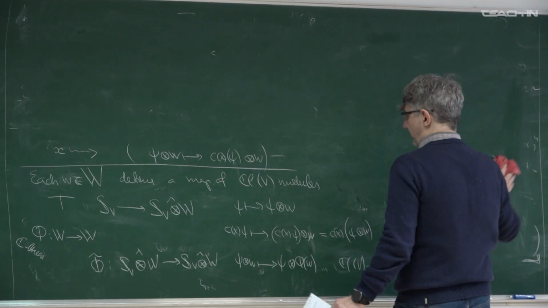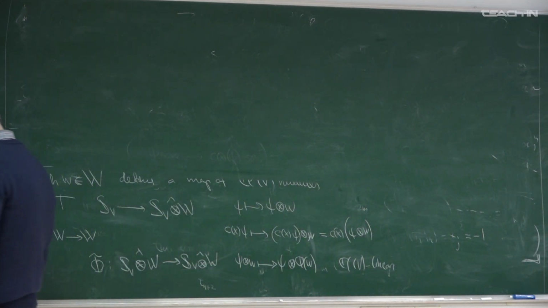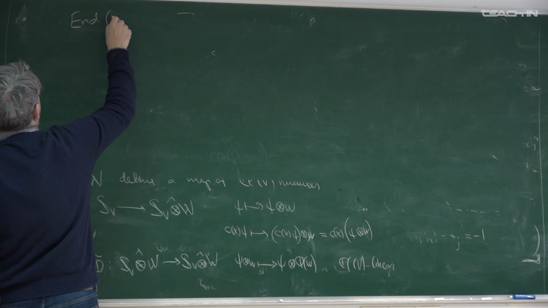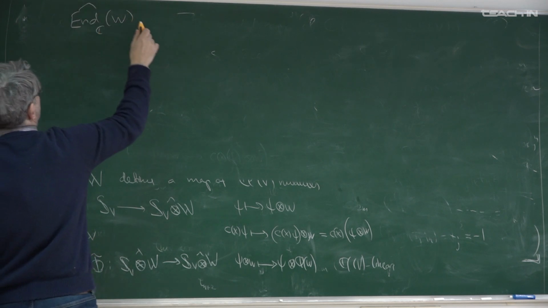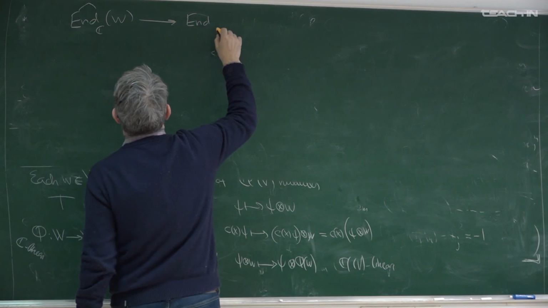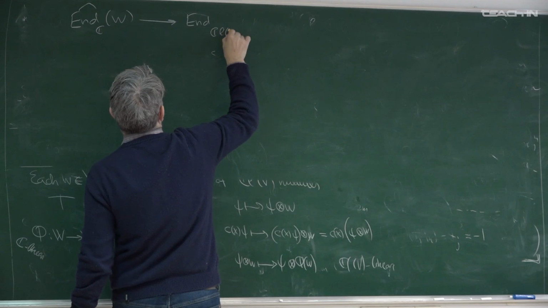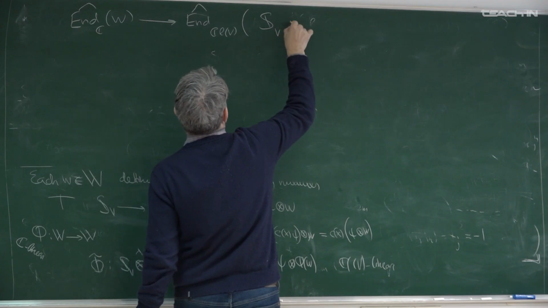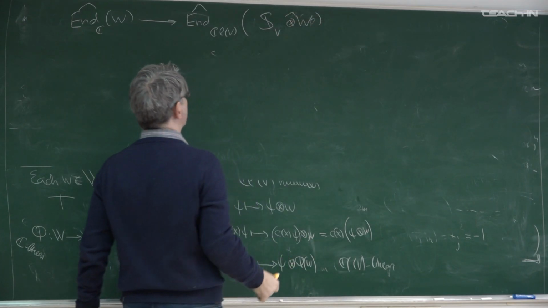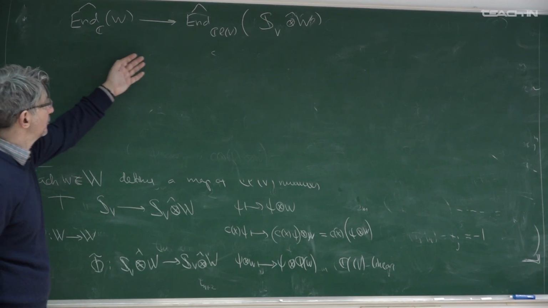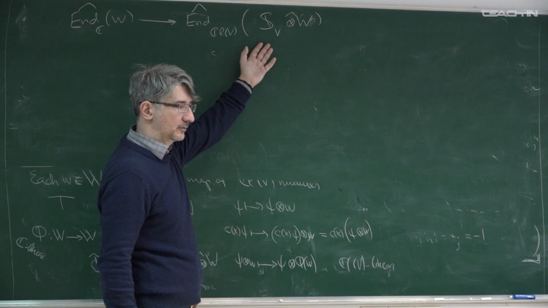They are very, very important for us. If you have a graded endomorphism of W over C, then I can construct endomorphisms over the Clifford algebra, also graded, of what? Each endomorphism of W induces an endomorphism of this tensor product.